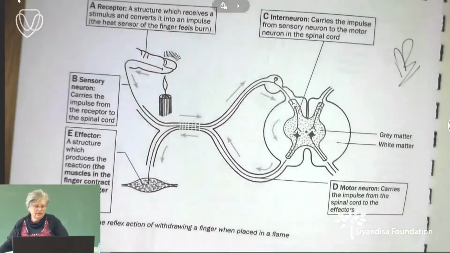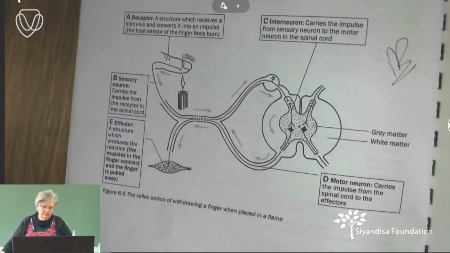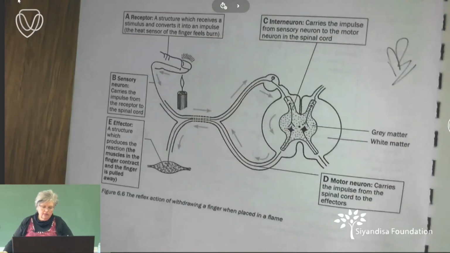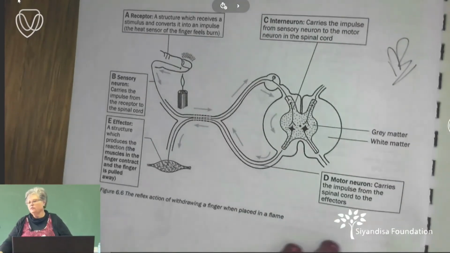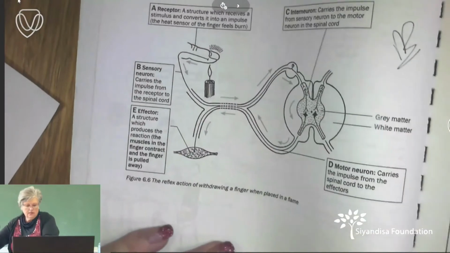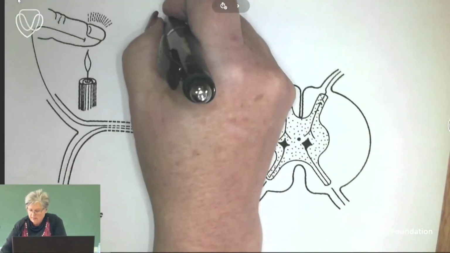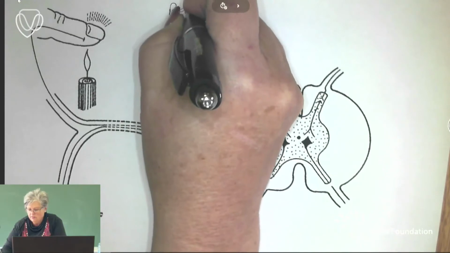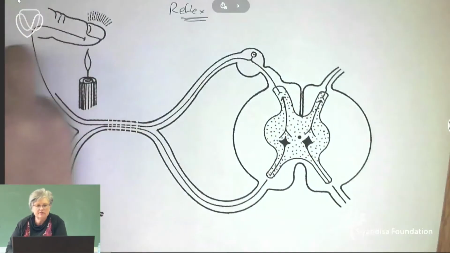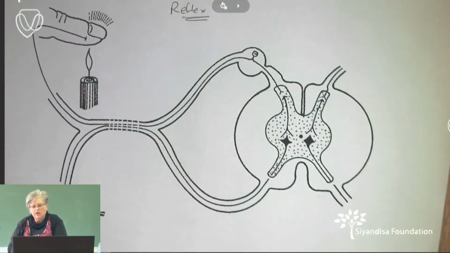Now the way that they link the different types of neurons, in the reflex action. So we can always expect that there will be a question on the reflex action. That is a given. So what do they ask?